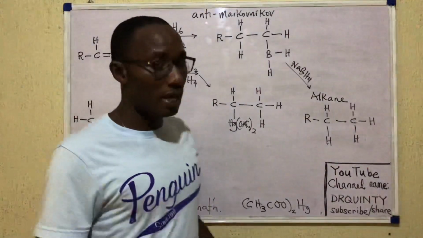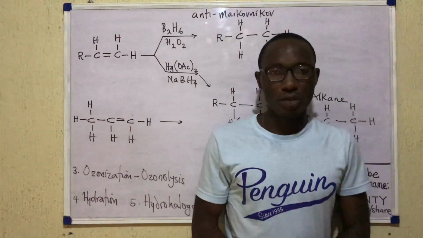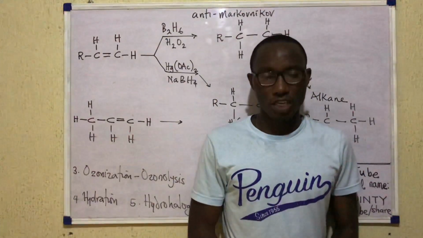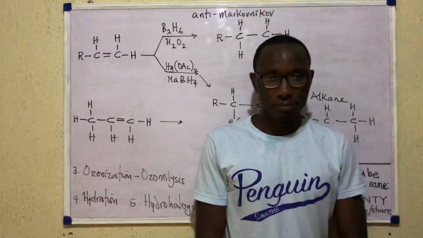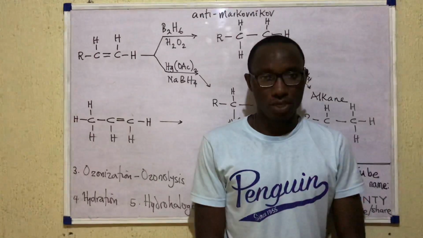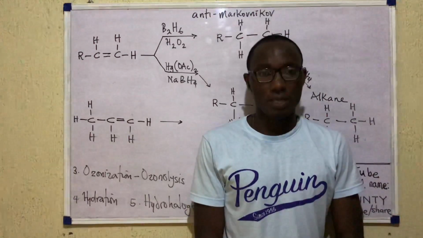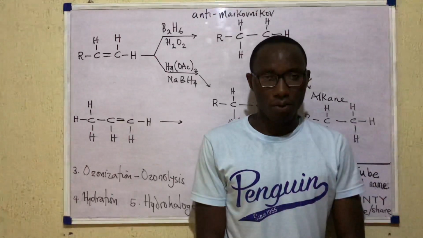So, summary class: hydroboration is usually followed either by oxidation or by reduction. When there's hydroboration and it's followed by oxidation, we get an alcohol, but that alcohol is usually the anti-Markovnikov alcohol.